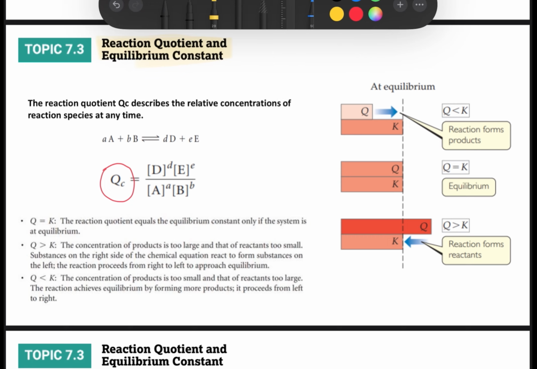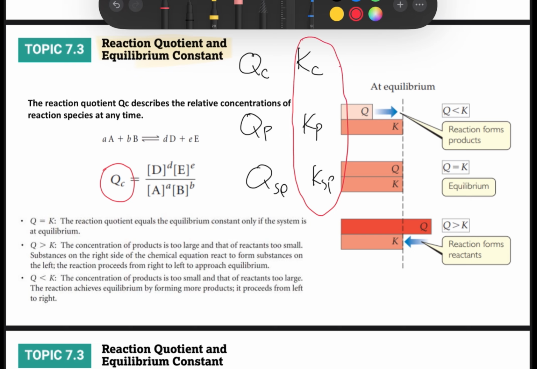Today we're going to do almost the same thing, but the only difference between the concept of Qc and Kc, or Qp and Kp, or Qsp and Ksp, is that the Ks are calculated at equilibrium, so we use the equilibrium concentrations. The Qcs or Qps or Qsps are used at non-equilibrium, for example at the initial times of the reaction.